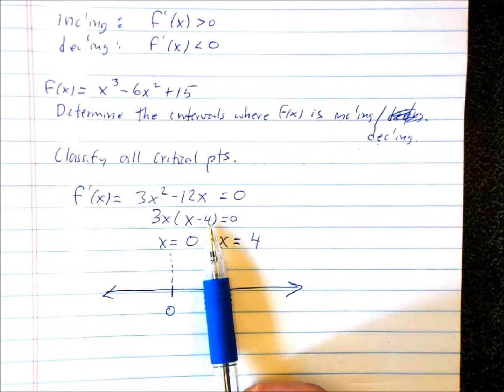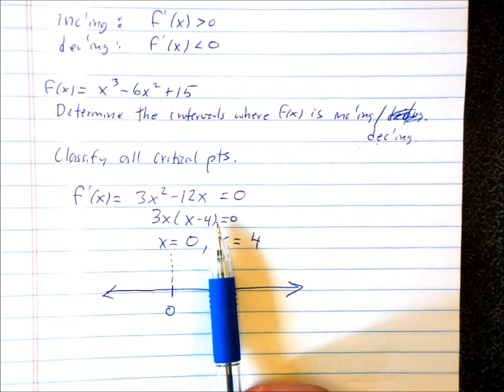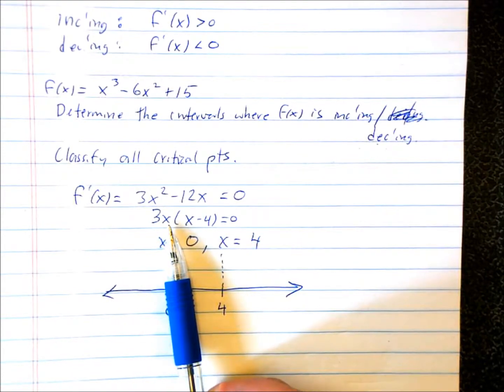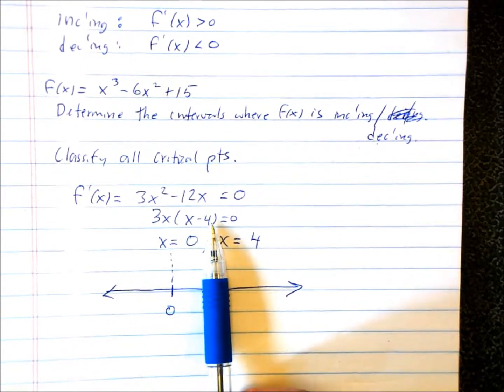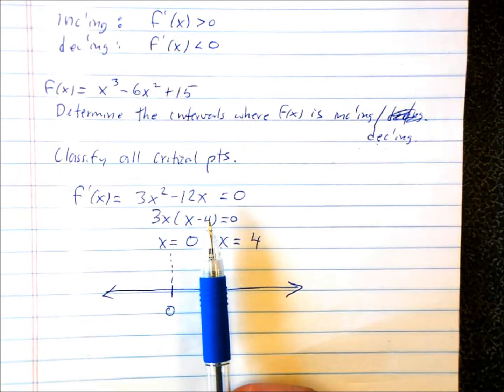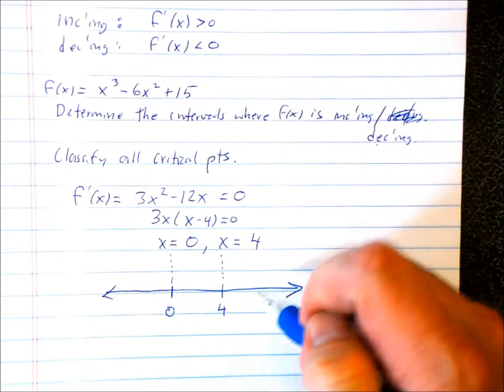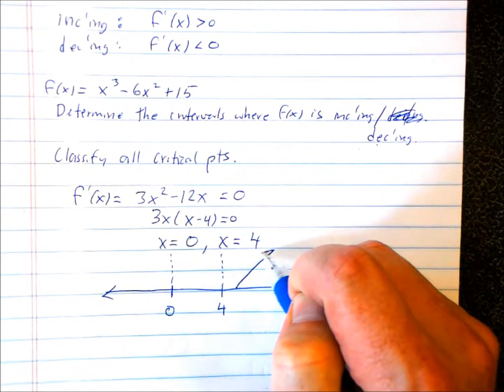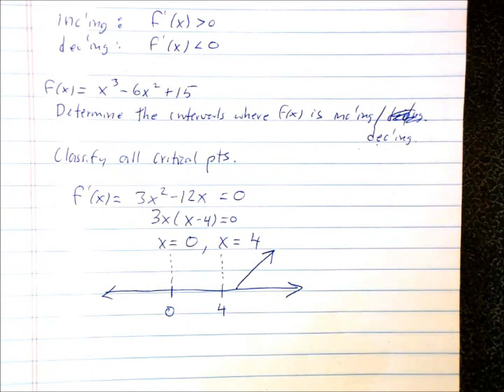What I do know, and the only thing I really need to know, is that it's a positive number. 3 times 57 is positive, 57 minus 4 is positive, and positive times positive is positive. I don't really need to know what I get, other than that I got a positive number. That tells me when x is bigger than 4, my function is going to be increasing.